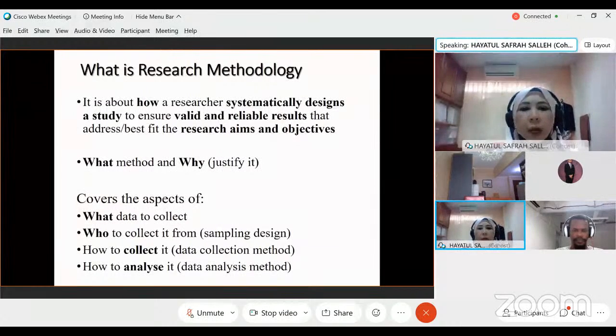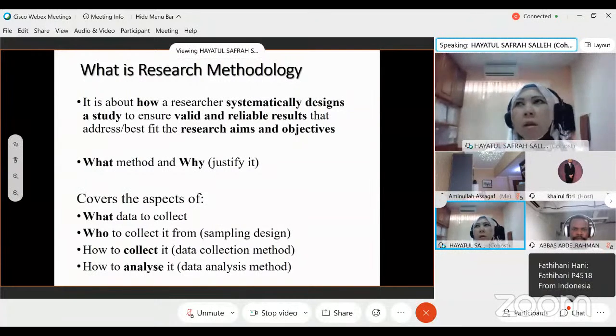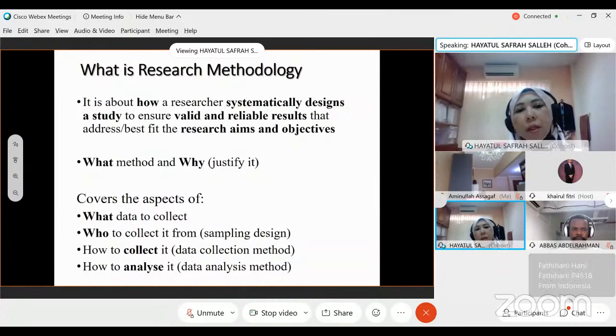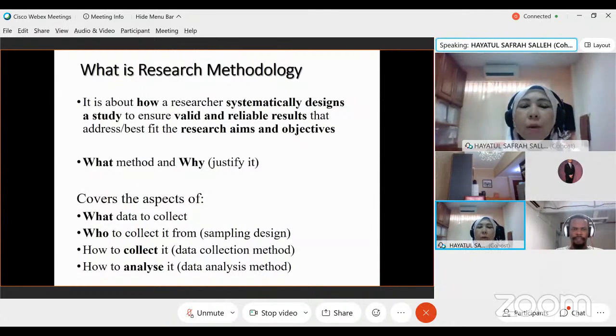If your friends used, let's say, a qualitative study, you cannot simply do the same. You have to look at the purpose of your study and the objectives that you want to obtain at the end of your study. So you have to select and design the methods very systematically.